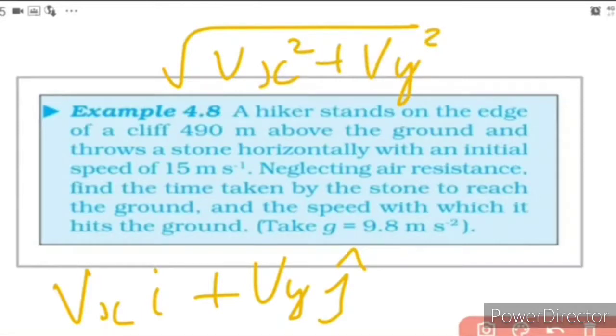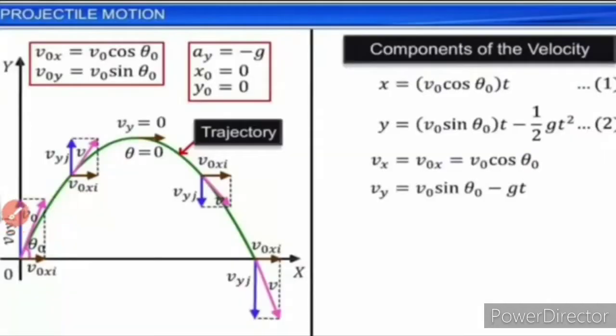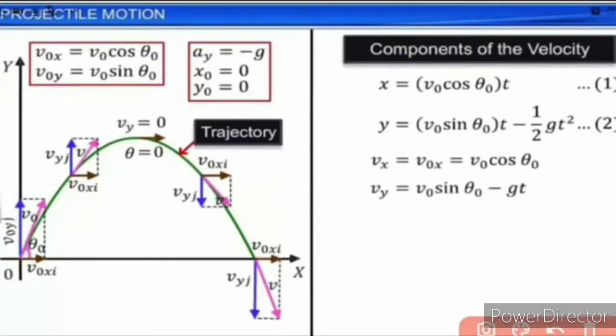So first we should find Vx and Vy. How will we find Vx and Vy? By using the expressions for Vx and Vy. We know Vx is equal to V0x plus Ax into t, but in this type of motion, the horizontal component of velocity remains constant. So Vx is equal to V0x, that is V0 cos theta 0.